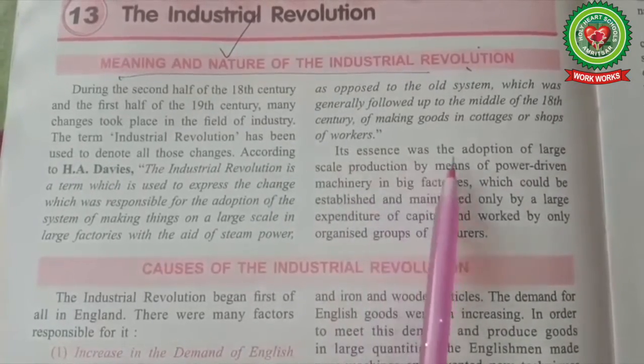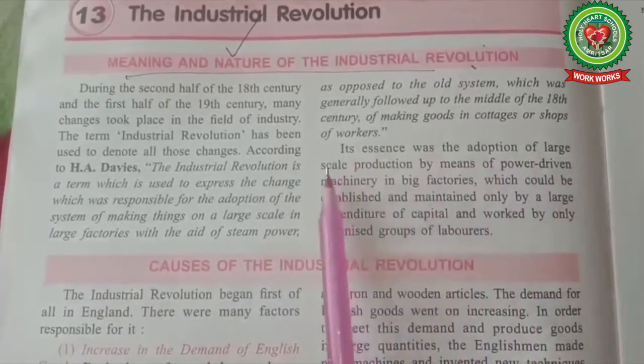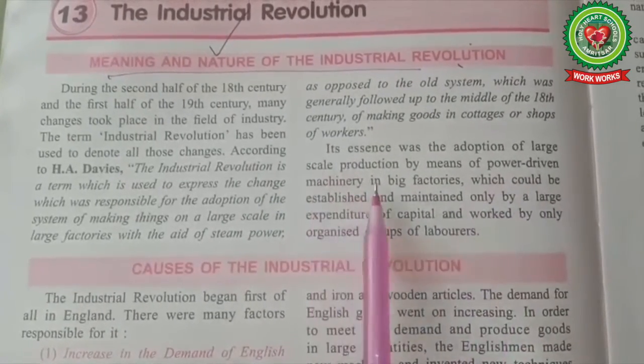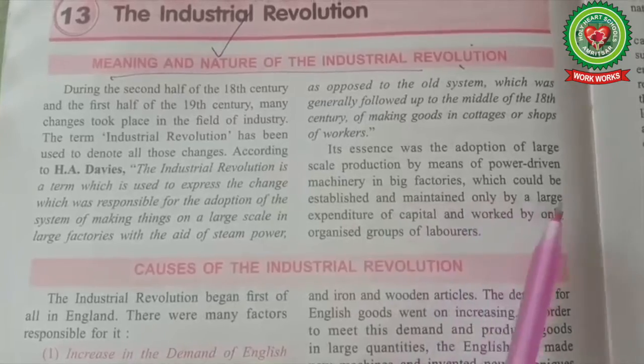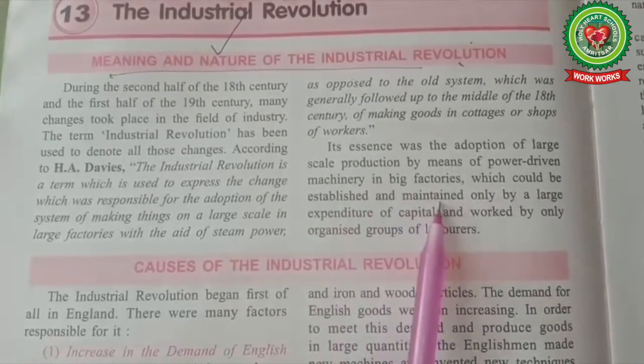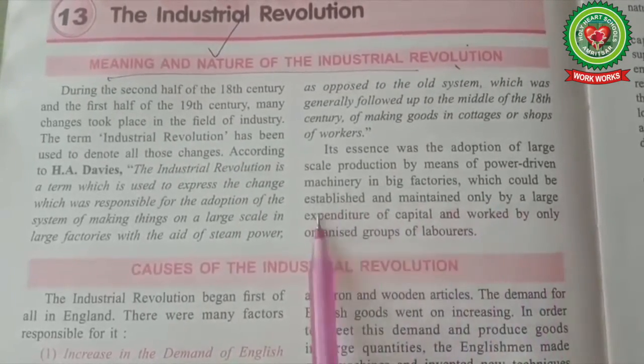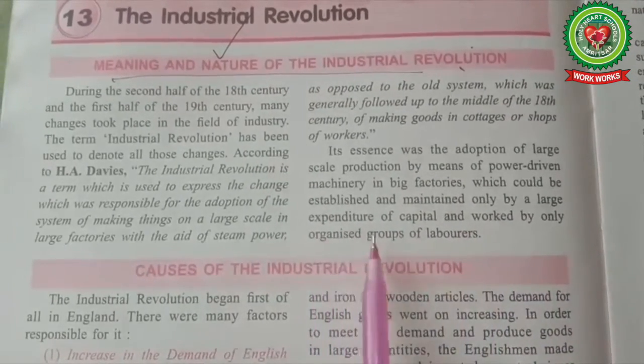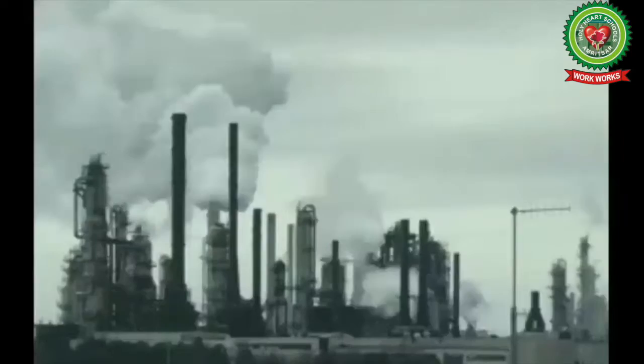Its essence was the adoption of large-scale production by means of power-driven machinery in big factories, which could be established and maintained only by a large expenditure of capital and worked by only an organized group of laborers.